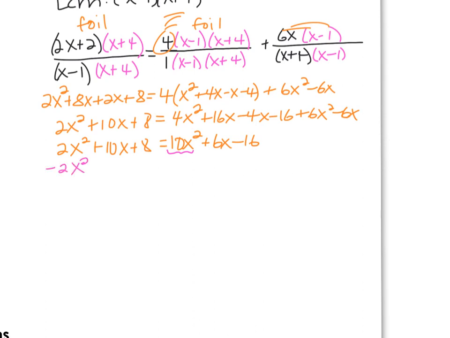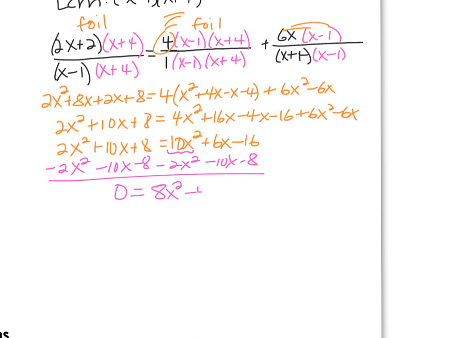So we'll subtract 2x squared, subtract 10x, and finally subtract 8, setting that equal to 0. On the right-hand side, we get 8x squared minus 4x minus 24. Recognizing that we could factor out a 4, that should be helpful.